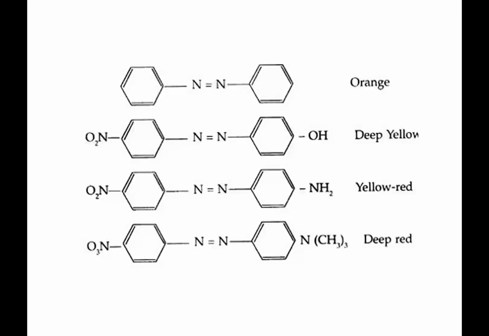So you can change the wavelength of absorption, which means you change the wavelength of transmission by changing the structure. And this is just with organic dyes. This isn't with any kind of metal compound that you might see like in a painting, where they're using pigments of different metals. This is all just totally organic dyes.